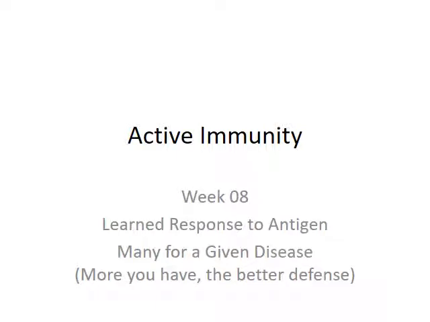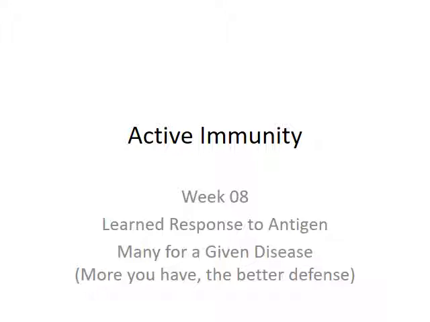Okay, so we're going to continue on with active immunity. We're going to talk specifically about the B cells and T cells. When we're thinking about active immunity, we're thinking about a learned response to an antigen. It's the part of the immune system that learns to recognize an invader, usually by parts of the invader in some way, shape, or form.